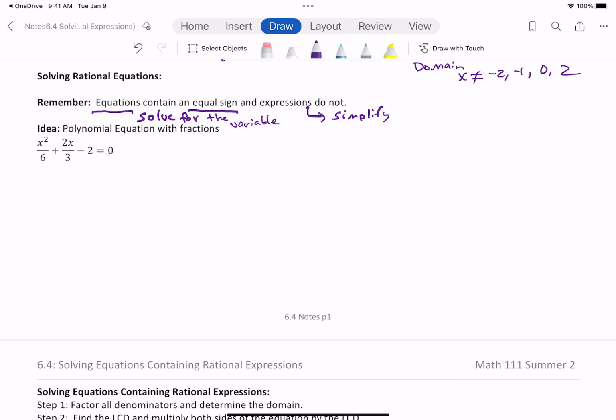So if you remember, when an equation has fractions, we don't really like fractions, so we want to get rid of the fractions.